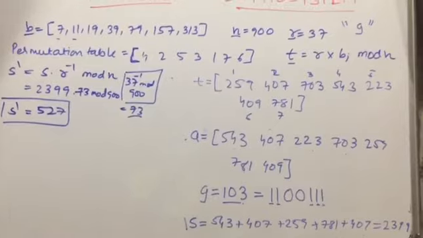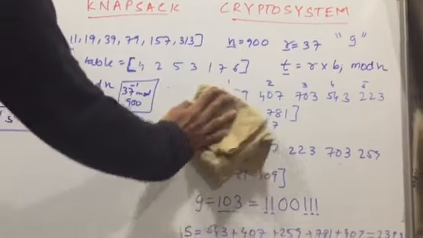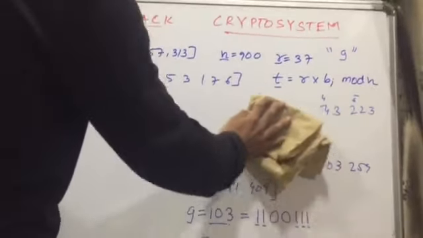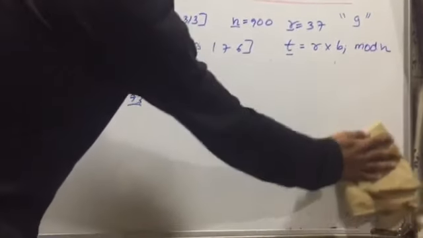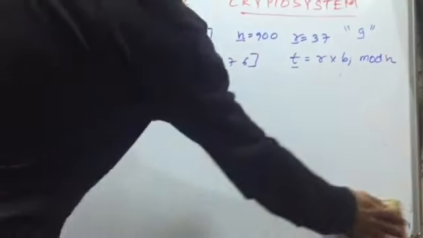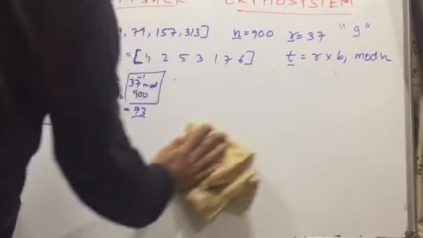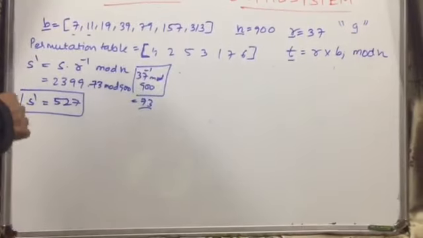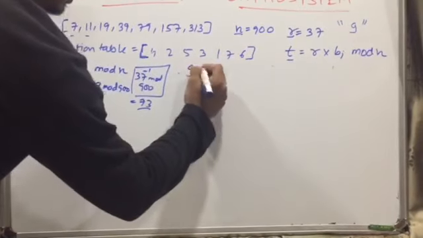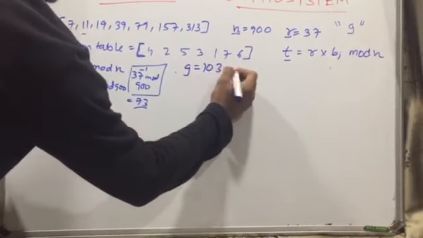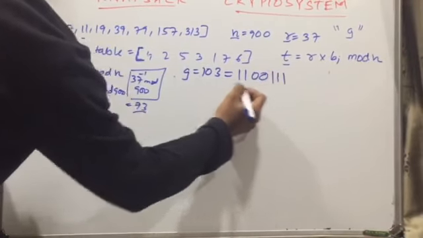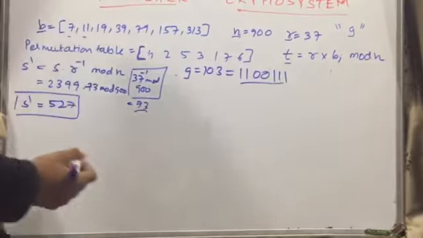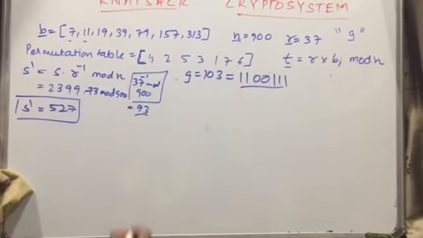You have to form one table over here. The S value is 2399. G is 103. Its value is 11000111. Okay, so now let's form one table.